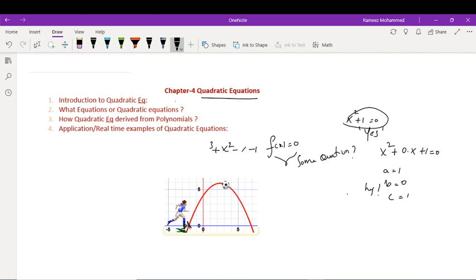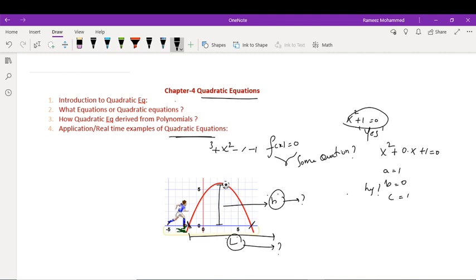This is the point at which you kicked the ball, and this is the point where it landed. If someone asks you the height of the ball above the ground, or the distance from start to end, let's say this is L, these values can be found very easily using quadratic equations. This is one of the real-time applications of quadratic equations.